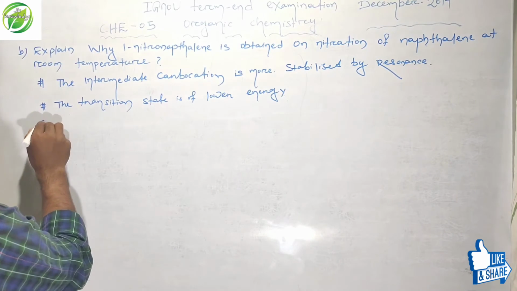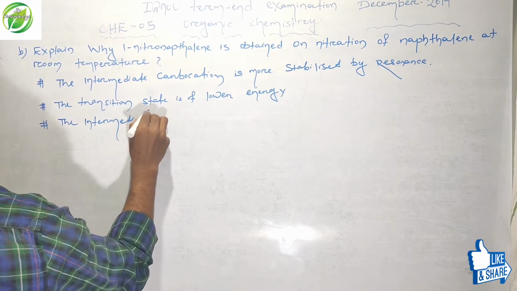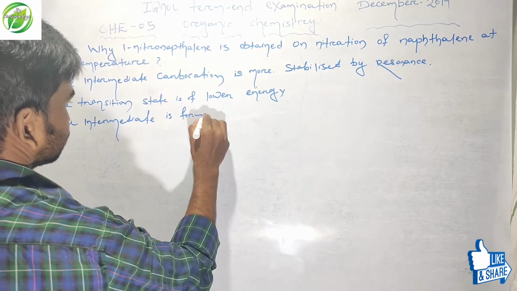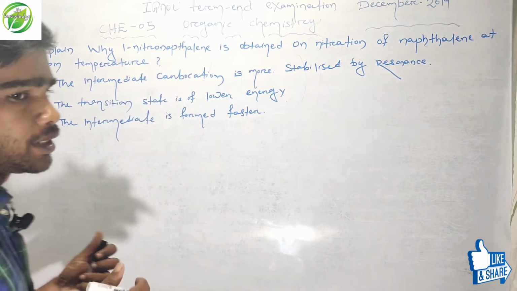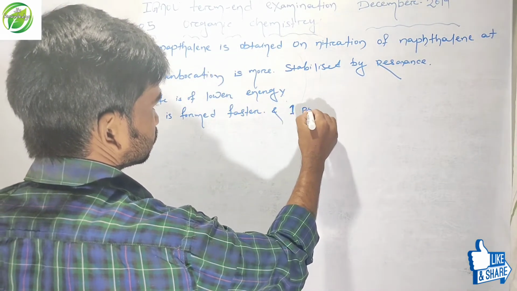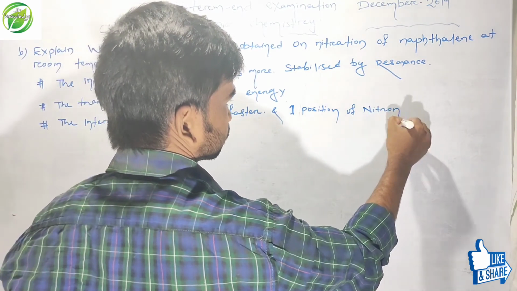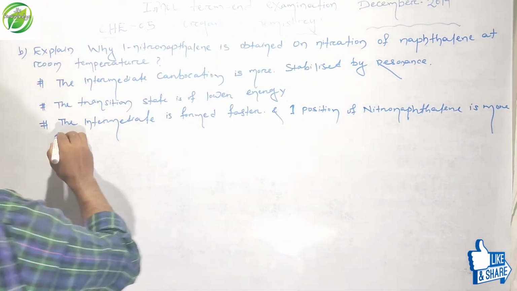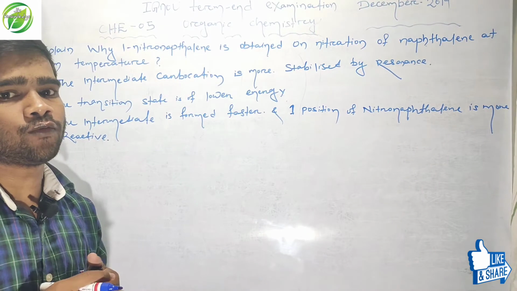For these reasons, the intermediate is formed faster, and the 1-position of naphthalene is more reactive, so that 1-nitronaphthalene is obtained on nitration of naphthalene at room temperature.